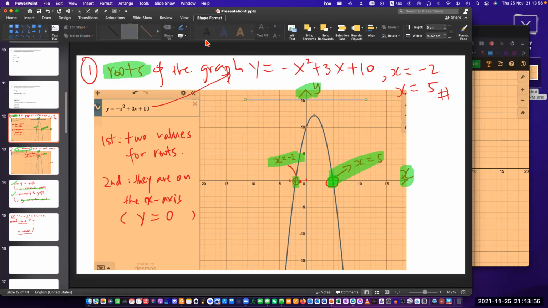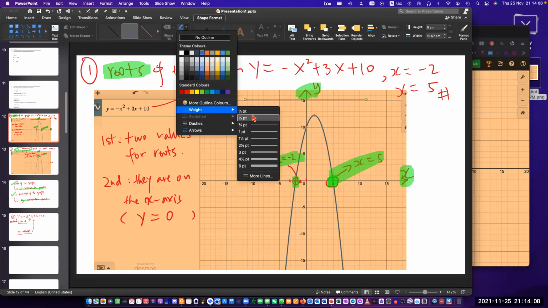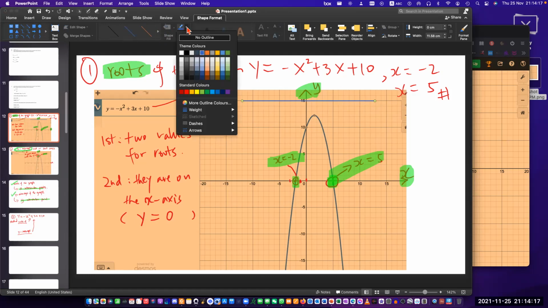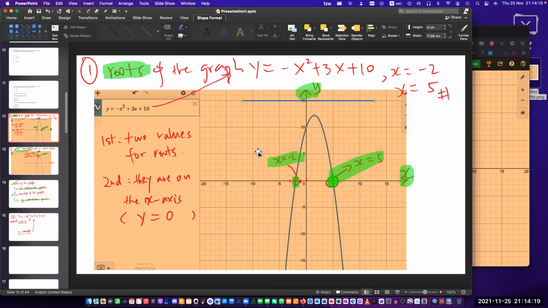Let me just make this line bigger. Can you see the blue line here? Is it big enough for you to see it?